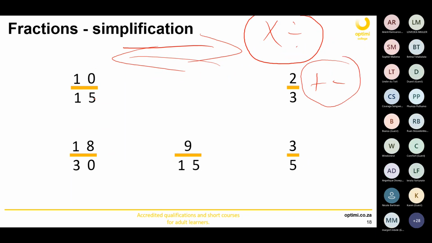If we have 10 over 15 and we were to simplify that, would you agree that 10 over 15 divided by 1 would still be 10 over 15? If I have anything and I divide it by 1, it would still be the same number.